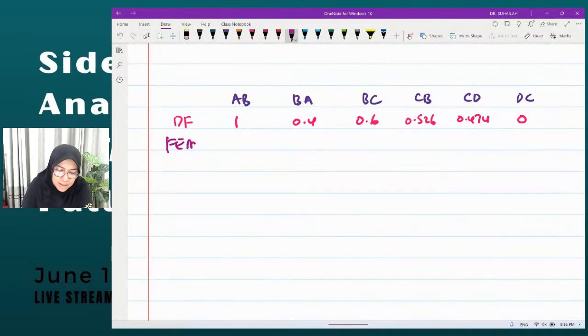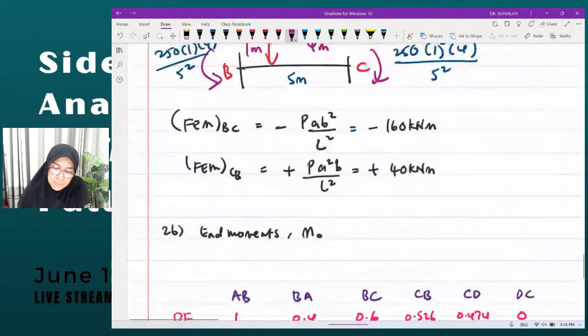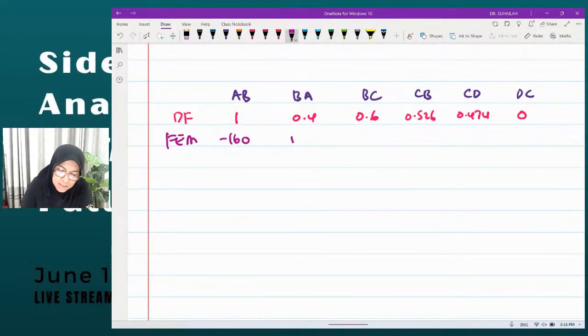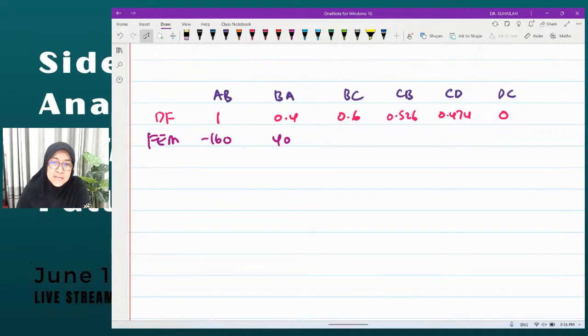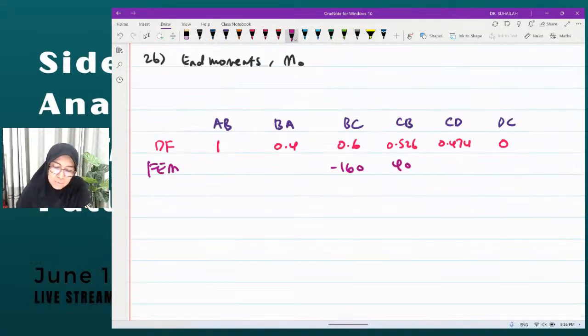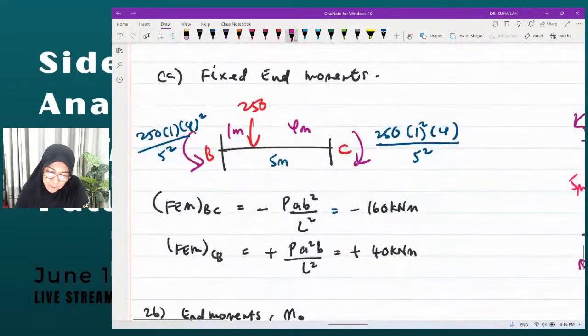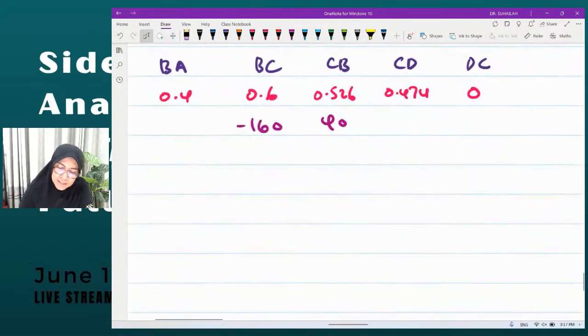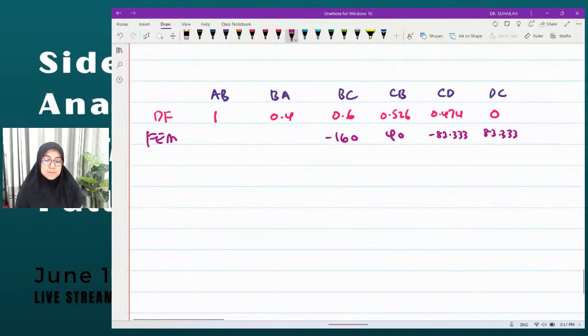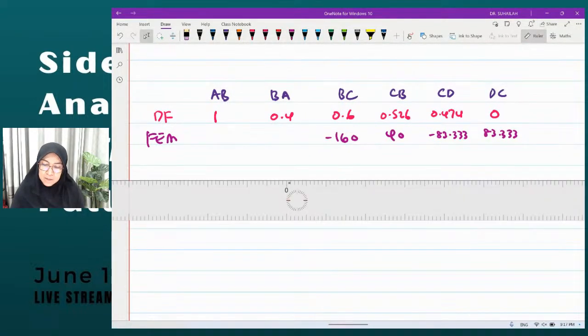FEM for member AB is 0, sorry, not AB, BC and CB. So negative 160, 40, and for CD, negative 83.333 and 83.333. Okay, FEM. Then only I put the line.